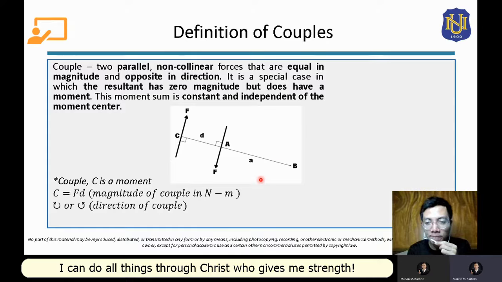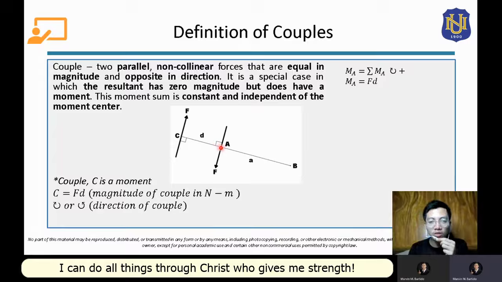So let's first take the moment of these forces about point A. Taking the moment about point A will just be the summation of the forces that have moment about point A. We will assume that clockwise is the positive rotation.